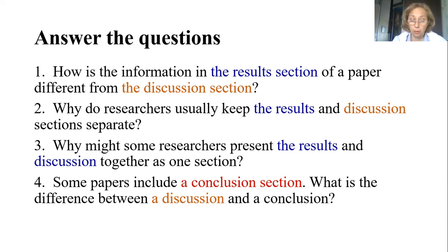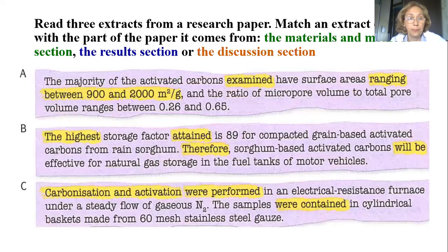You're right. Okay. So we should understand the difference between all these parts, and try to structure your own paper in such a way that it has the results, the discussion, and all the necessary parts.